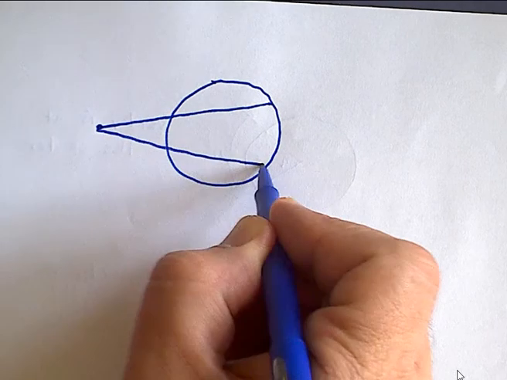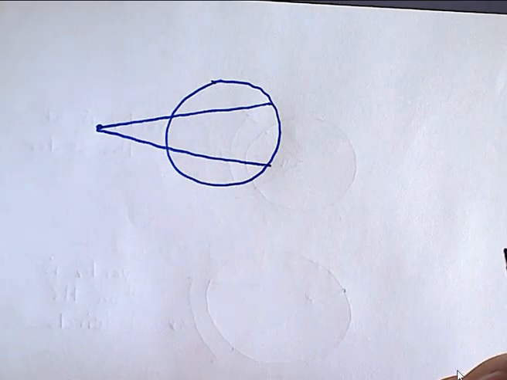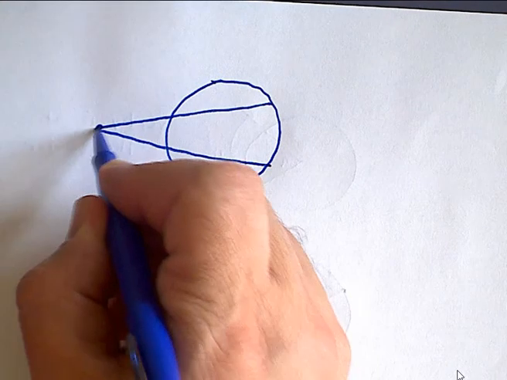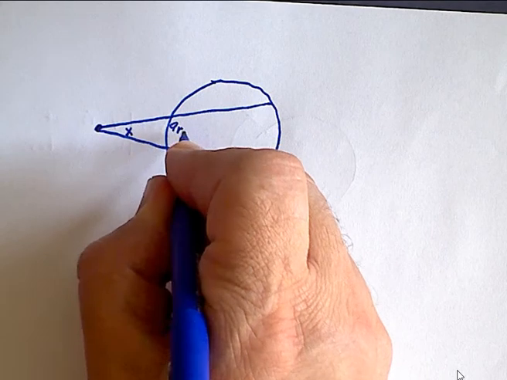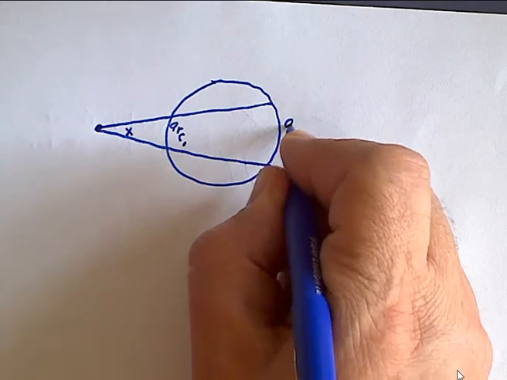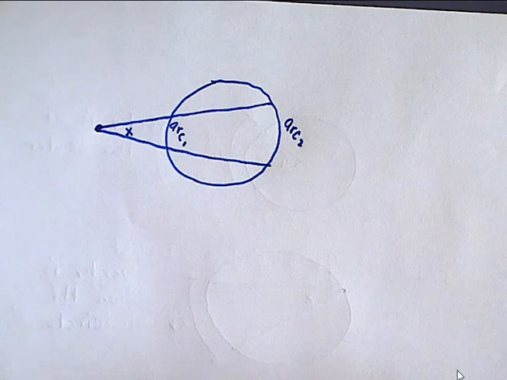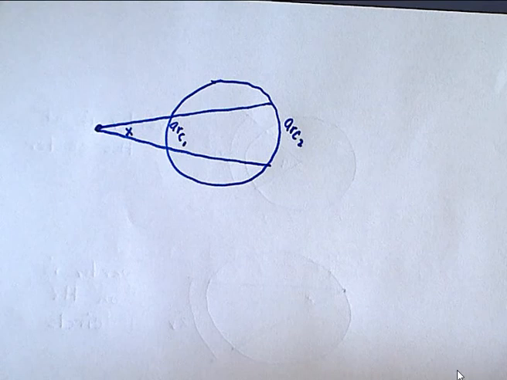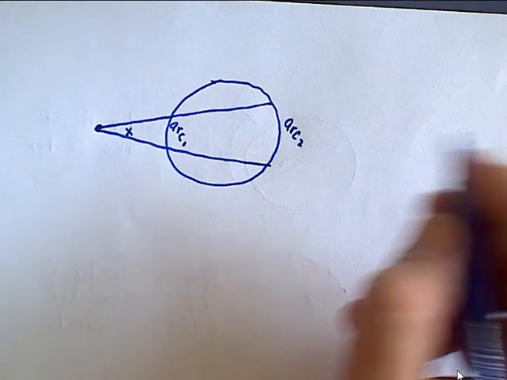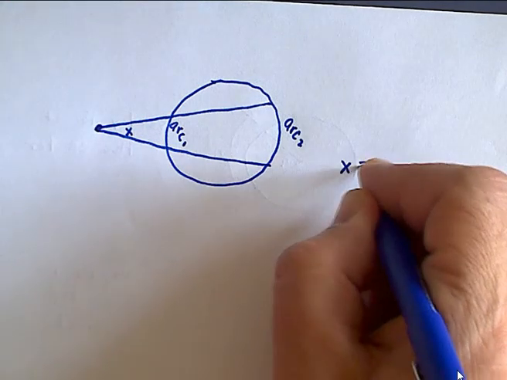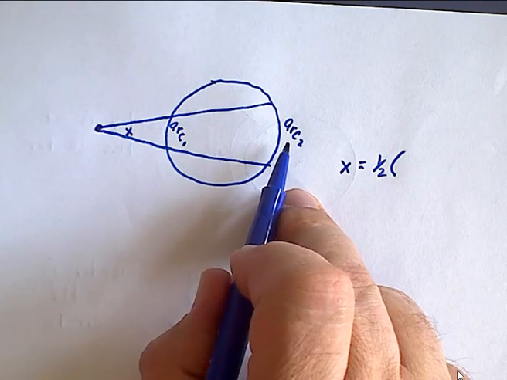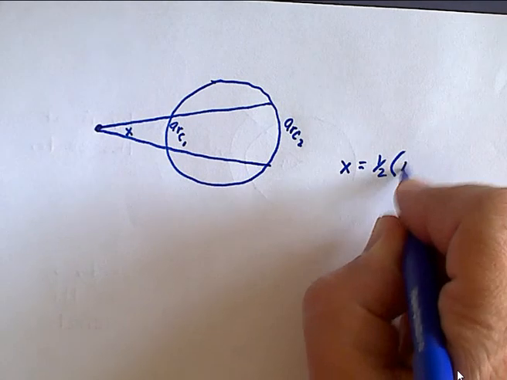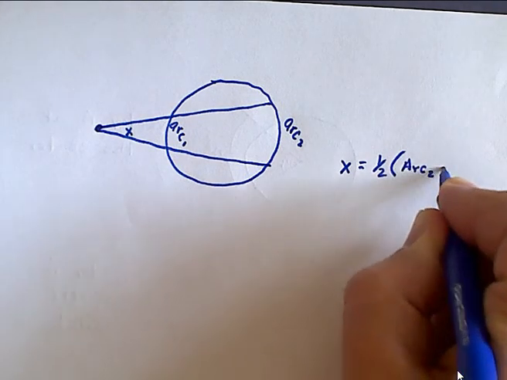If I take two secant lines and draw from a point outside of a circle, here's angle X, here's arc 1, here's arc 2. When the vertex is outside the circle, we take 1/2 the difference of the arcs. So X equals 1/2. You have to go out to the biggest one first, otherwise it'll be negative. So I'm going to go arc 2 minus arc 1.